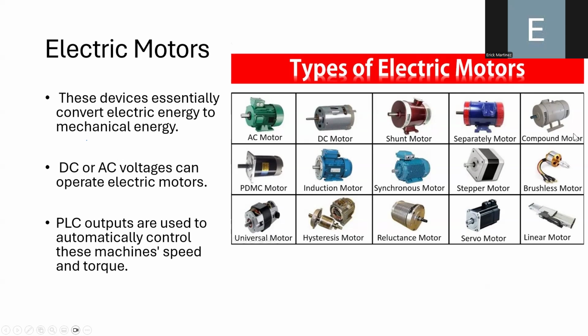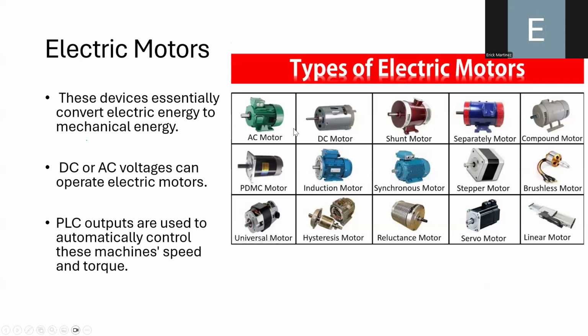And here I place some examples of electric motors that you can encounter. In fact, many of them, for instance, the shunt motor, the compound motor, the brushless motor, and the stepper motors are a type of DC motor. On the other hand, induction and synchronous motors are a type of AC motor.